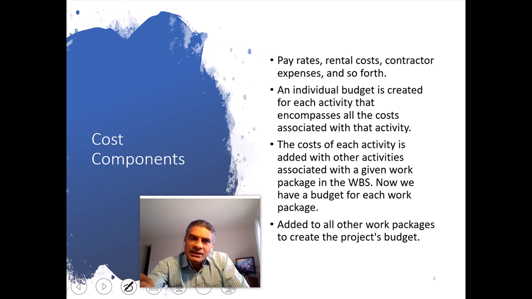So that's the reason we are considering it requires the rate. What is the labor rate for the resource? We also want to see any equipment or materials that we want. Is there a rental charge associated with that?